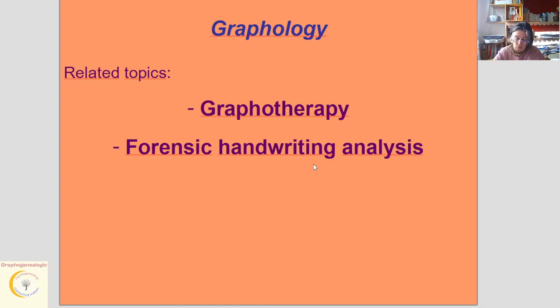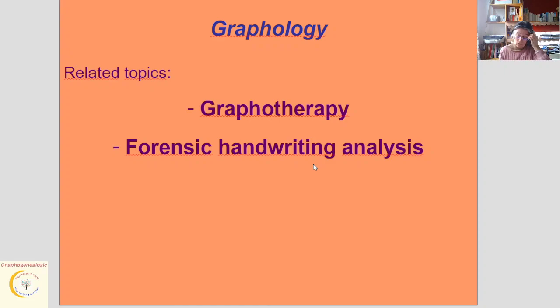So these are all dysgraphia symptoms, and you can have others. So if you have this problem, or if your child has it, there are exercises that you can practice to help you get a more easy and more legible handwriting. So that's another way. It's not graphology, but it's related to the handwriting.